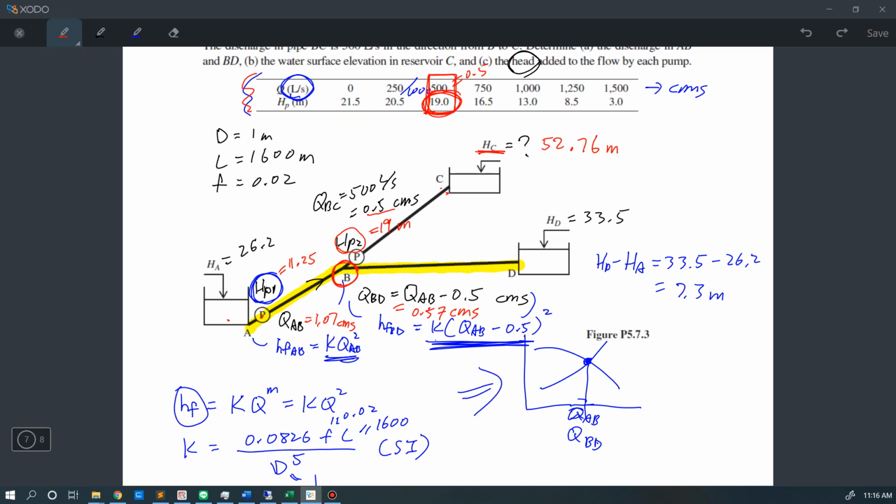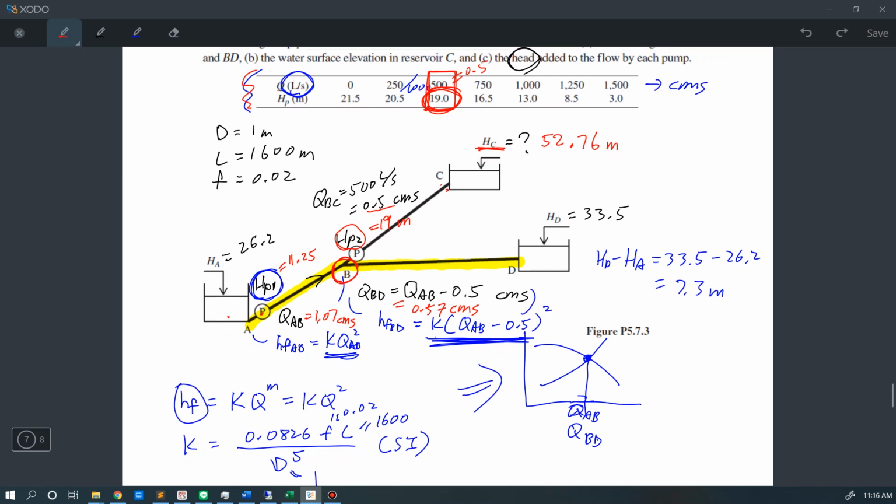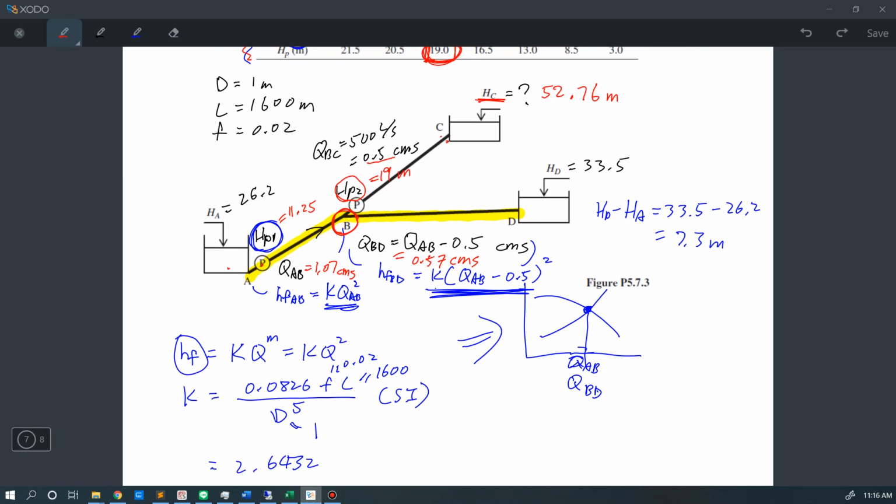Then we can easily find out the value for HP1 and HP2. Then you just apply the energy balance equation to find out the energy at the junction B, and use the energy balance equation again for the BC segment, and you can find out the energy head for the reservoir C, which is equal to 52.76 meter.